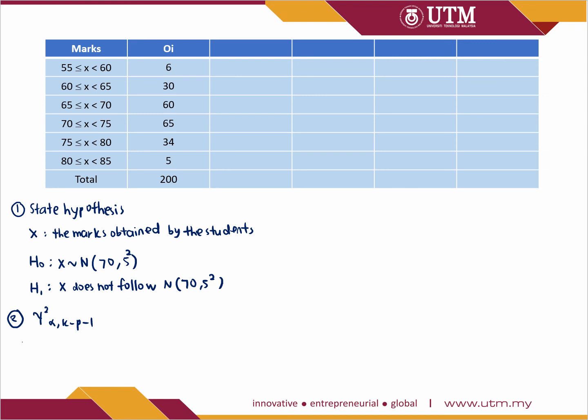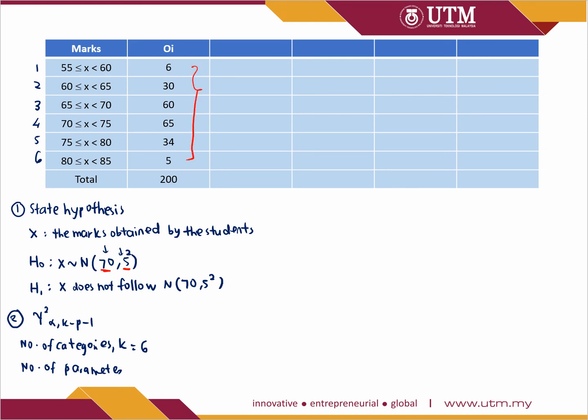Okay, k is the number of categories, where for this problem we have 1, 2, 3, 4, 5, 6, so 6 categories. And p is the number of parameters estimated from the sample. The 70 and 5 are not obtained from the sample.